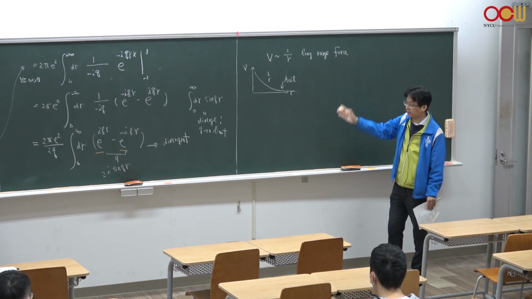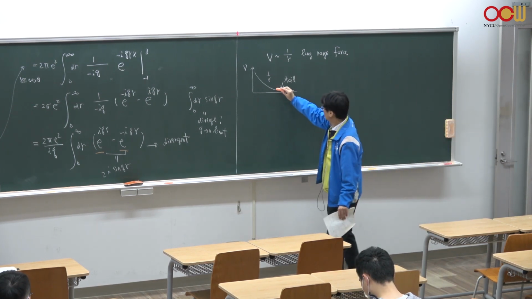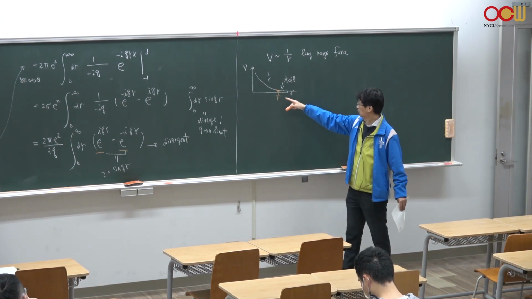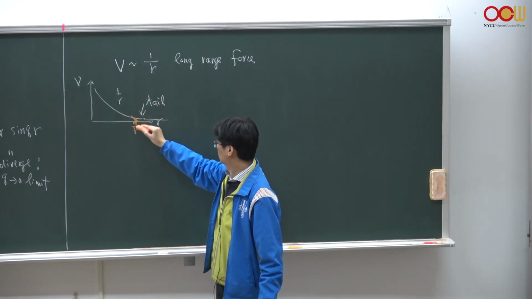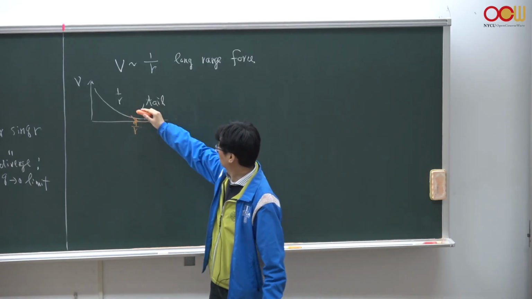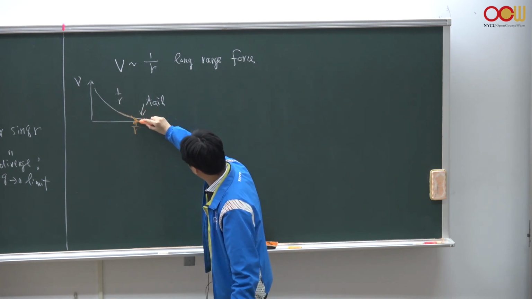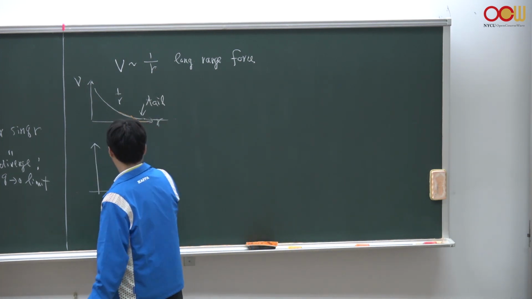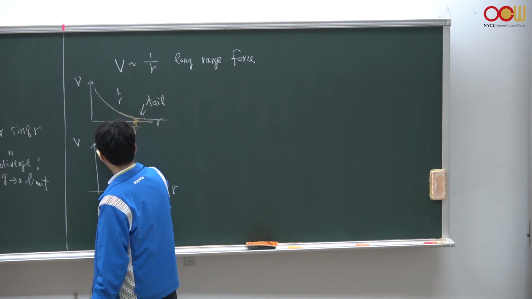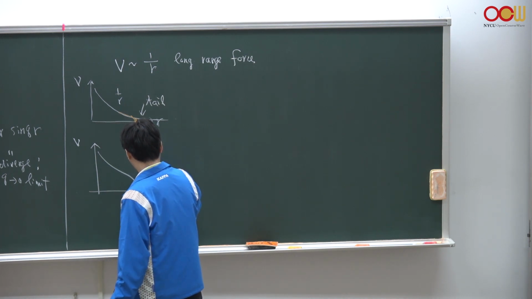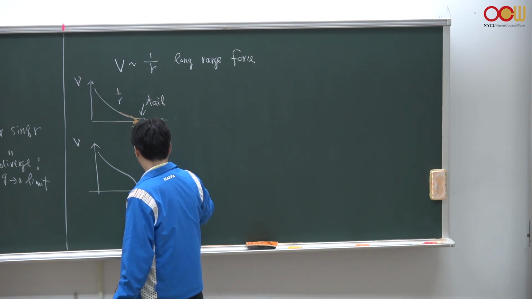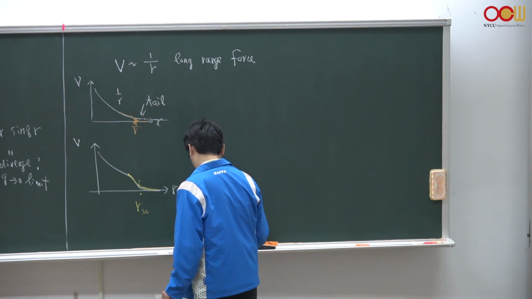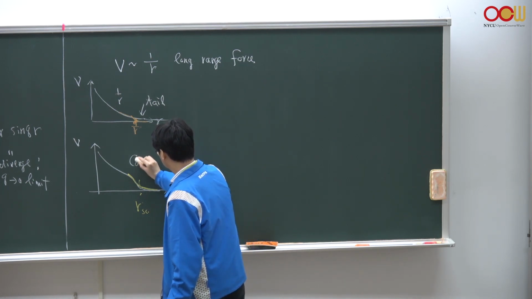So later we're going to cut this long-range force at some point, so that when distance exceeds some critical distance or some crossover scale, then the potential drops exponentially. And this is what really happens in most metals. You get Coulomb interaction when distance is small, but then it gets screened, so-called Coulomb screening.